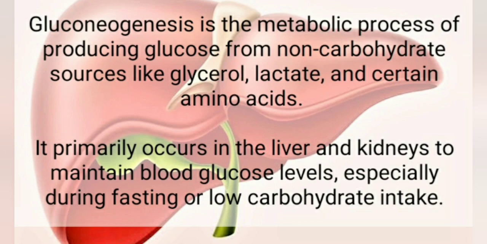So it is a metabolic process of producing glucose from non-carbohydrate sources like glycerol, lactate, and certain amino acids. It primarily occurs in the liver and kidneys to maintain blood glucose level, especially during fasting or low carbohydrate intake.